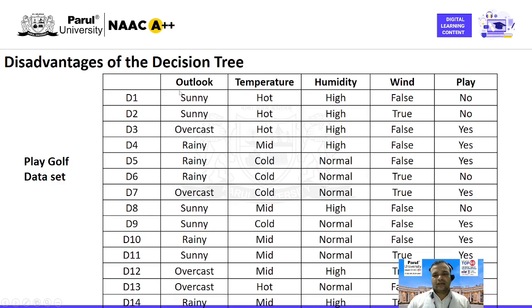There are some features like outlook. There are three conditions in the outlook feature: sunny, overcast, and rainy. Next one is temperature. Here there are three conditions again: hot, mild, and cold. Humidity: high, normal. Only two conditions are there. Wind: true and false. And play will be the target, yes or no.